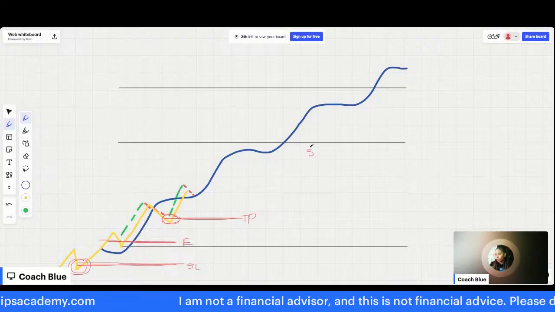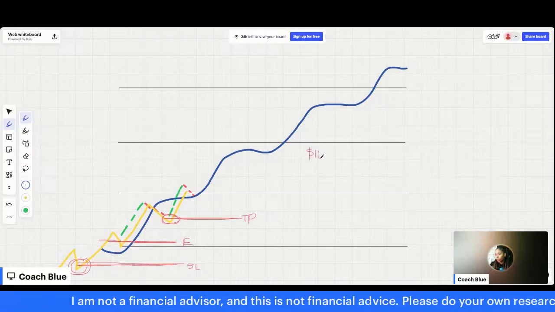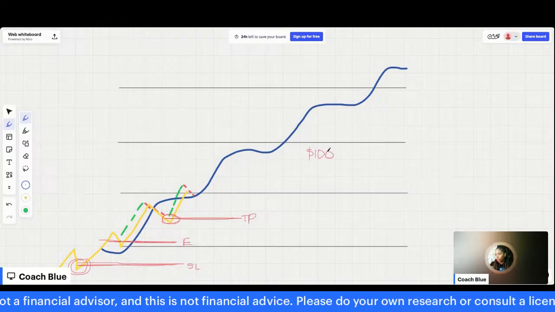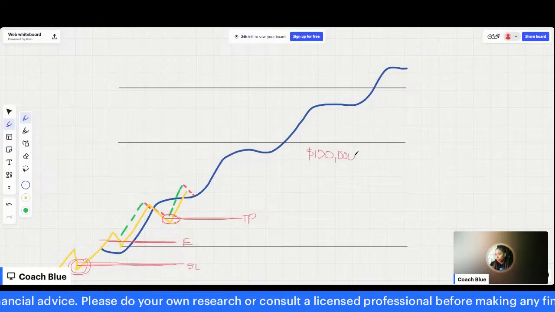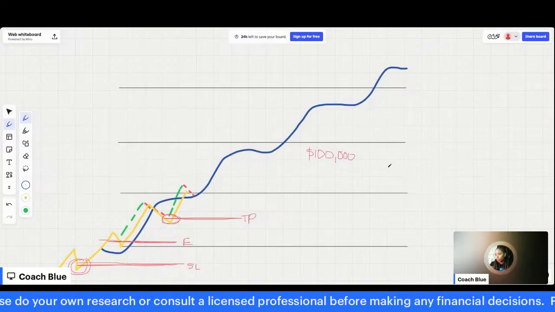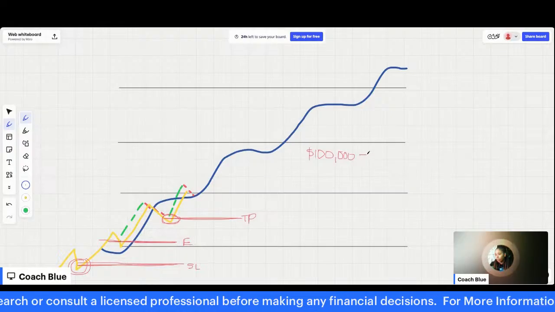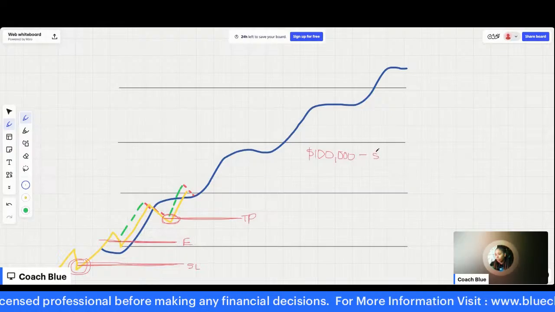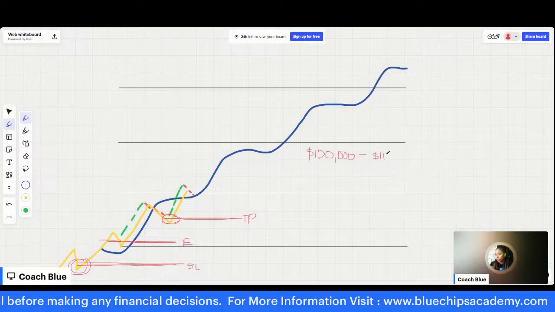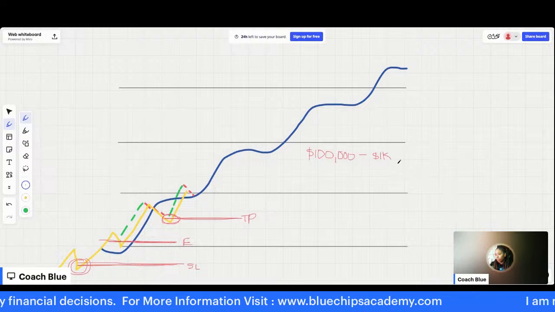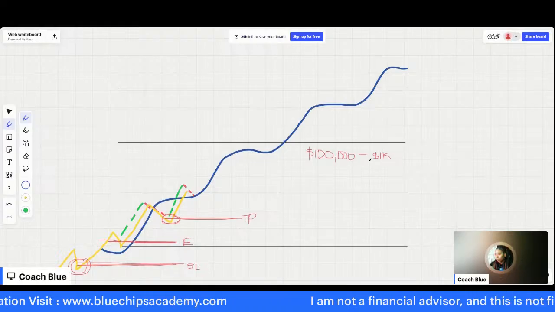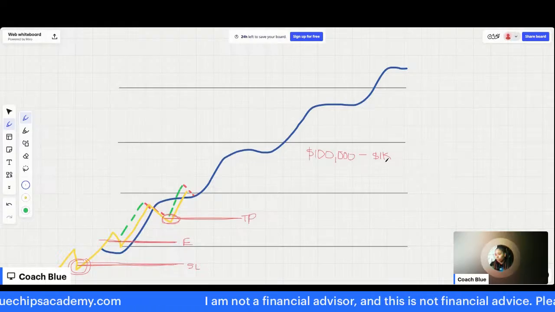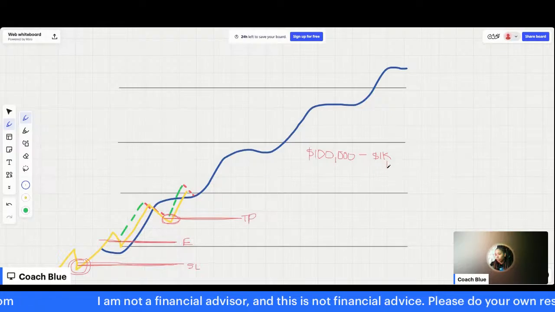So with a $100,000 account, okay, you don't want to risk no more than 1% on your account. Okay, 1%. So in this case, that's $1,000. Now, the maximum risk for the trade should be a third of that, right?